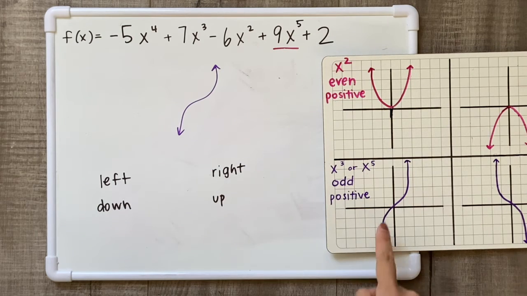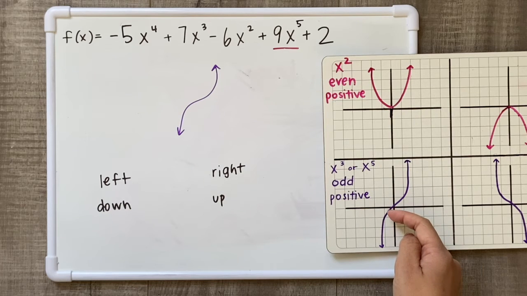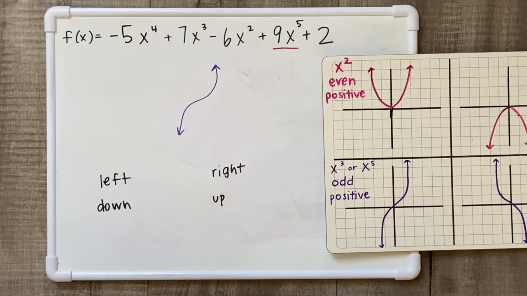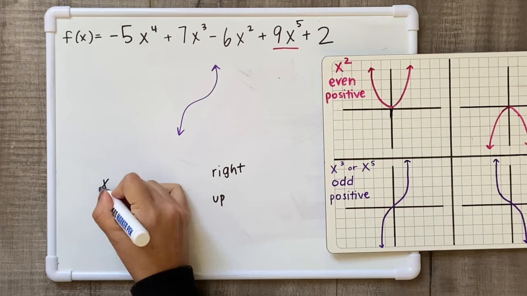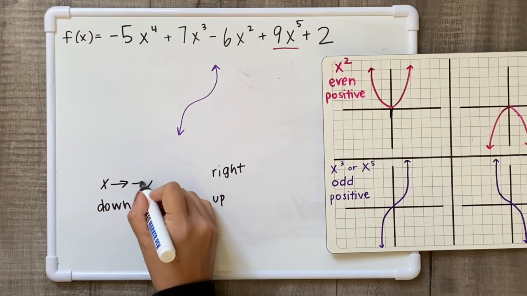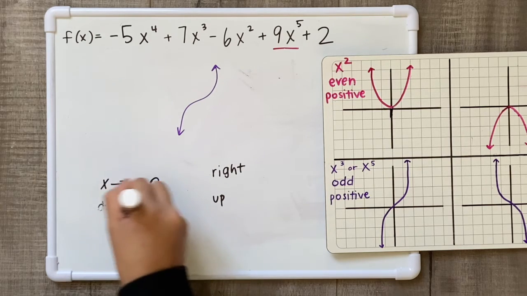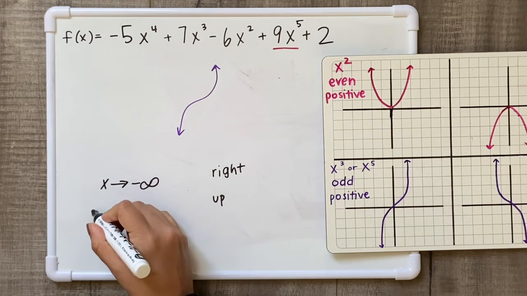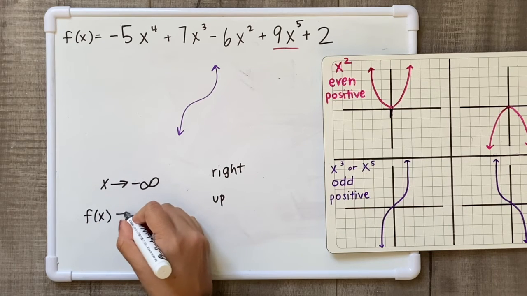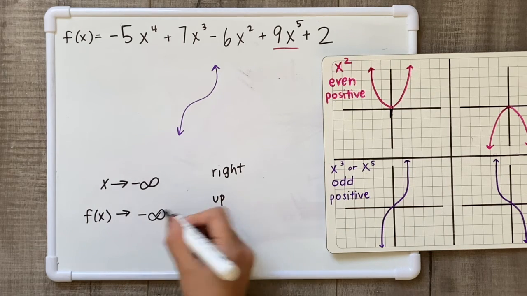So on the left side, so that's the side that's described as x is going towards negative infinity, because this is the x-axis and it's going towards negative infinity. So on the left, it's going down. So I would say x approaches negative infinity. It's going down, so I would say that f of x is going towards negative infinity.